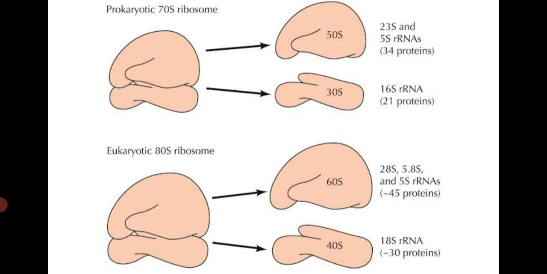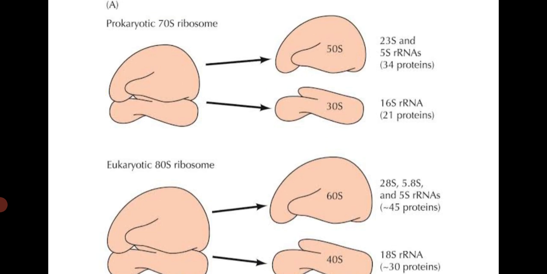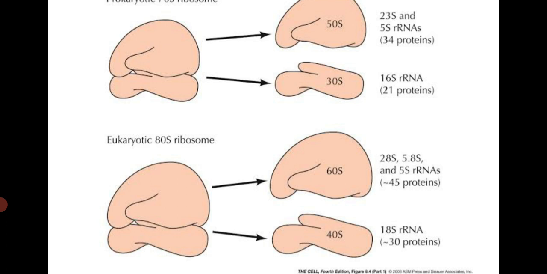The 30S is further made up of 16S ribosomal RNA and 21 proteins, whereas 50S is made up of 23S and 5S ribosomal RNAs and 34 proteins. Together, the smaller and larger subunits assemble and form a 70S ribosome, and it is present in a prokaryotic cell.